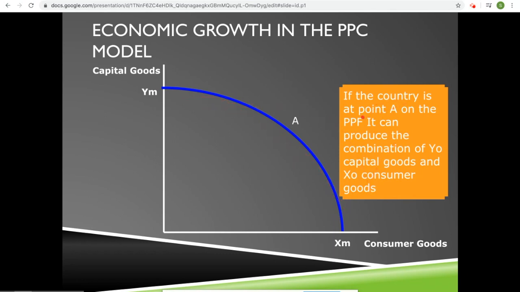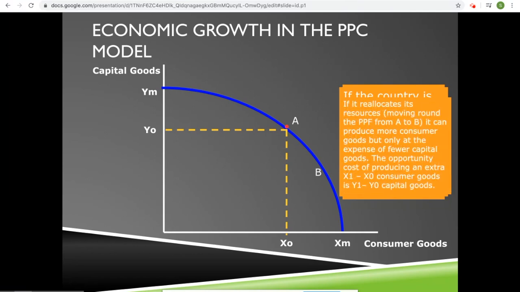So that's why it's called a PPF. Now, if the country is at point A on the PPF, it can produce a combination of Y0 capital goods and X0 consumer goods. If it reallocates its resources by moving around the PPF from A to B, so that means it wants to produce more consumer goods, it'll have to sacrifice some capital goods, right?